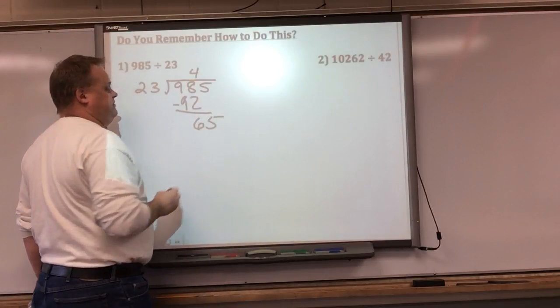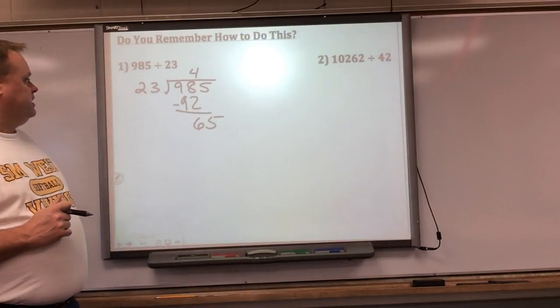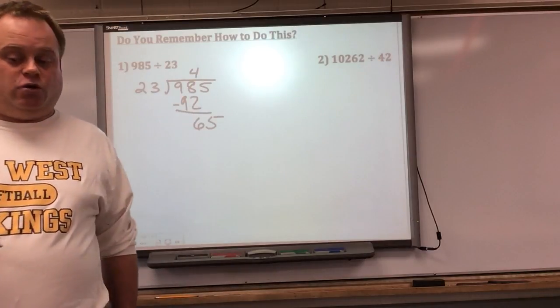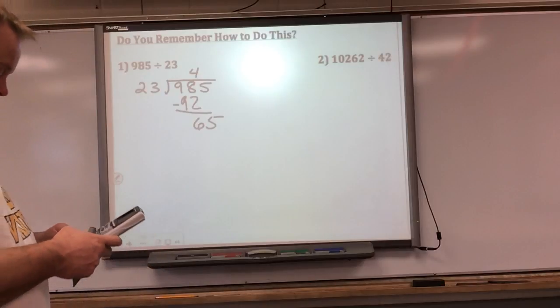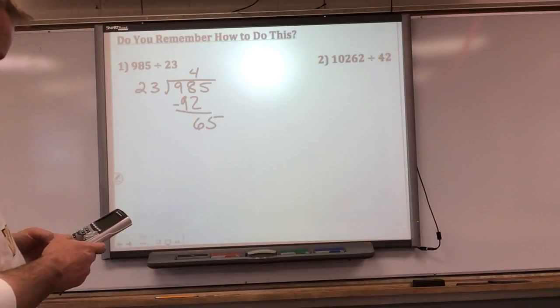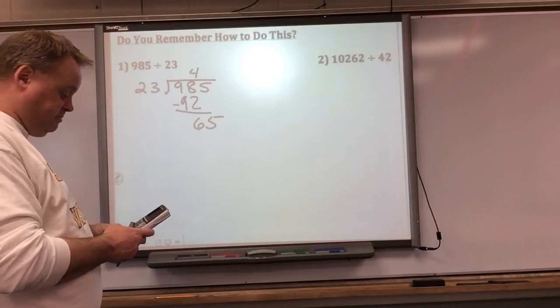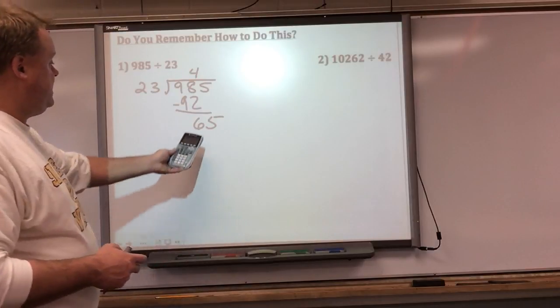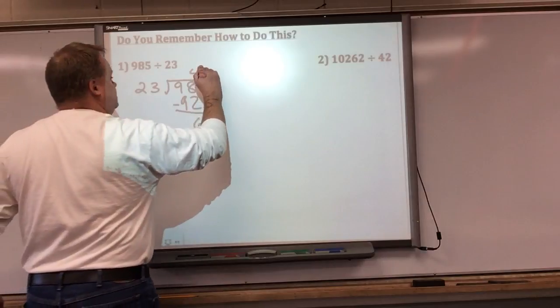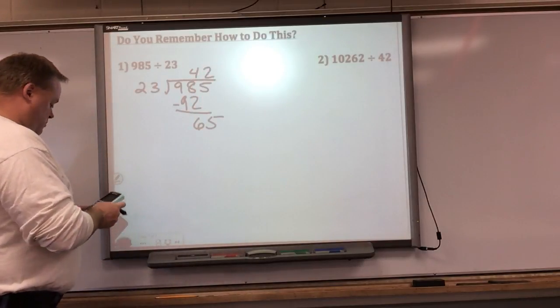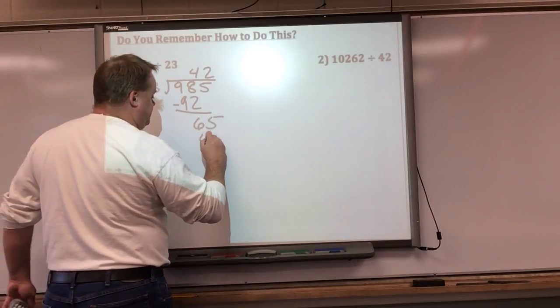Should give me 65. Okay, looking at that, how many times does 23 go into 65? Well, 23 times 2 is 46. It definitely goes in there. 23 times 3, that's 69. That's too many, so we can only use the times 2. And what was that? 46, I said.